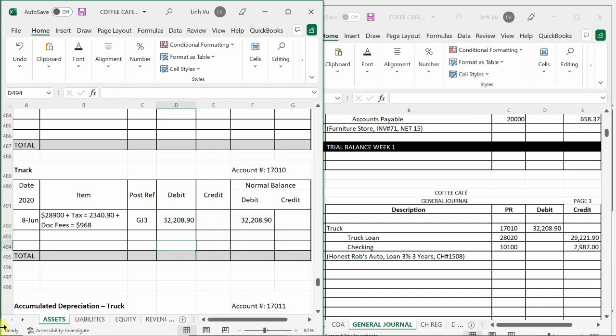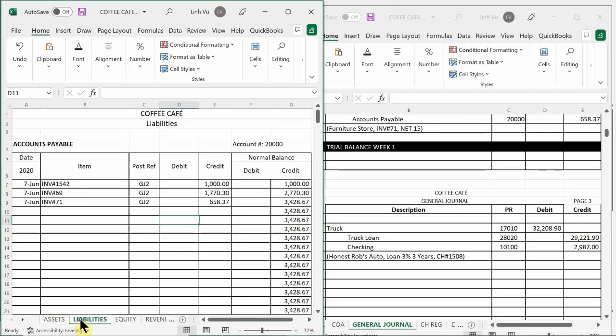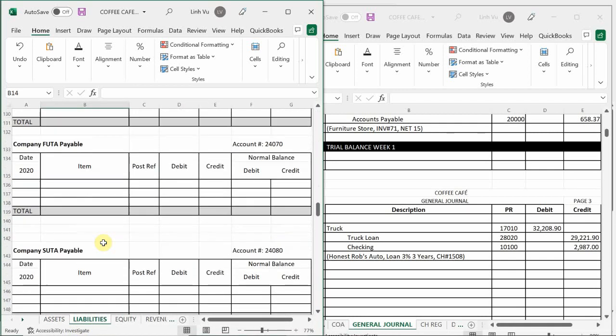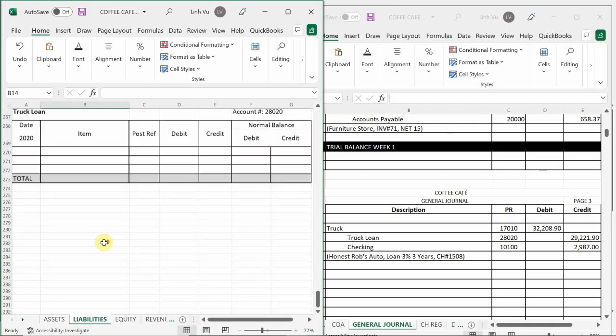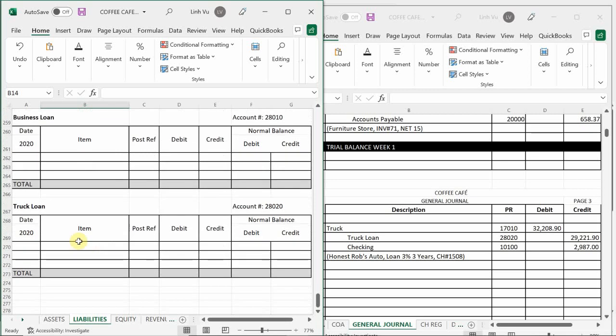We also had a truck loan, so it's going to be a liability. It's going to be the last account in your liabilities. Here you go, truck loan. Things you need to say here is, who did you get the truck loan from? Main Bank. Loan, 3 years, 3% interest.